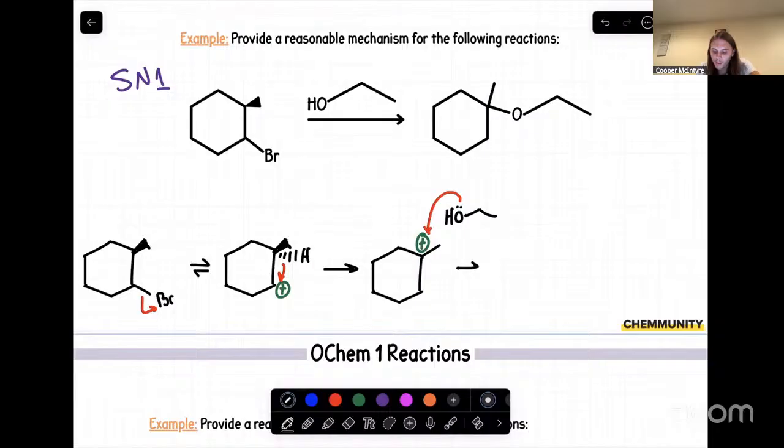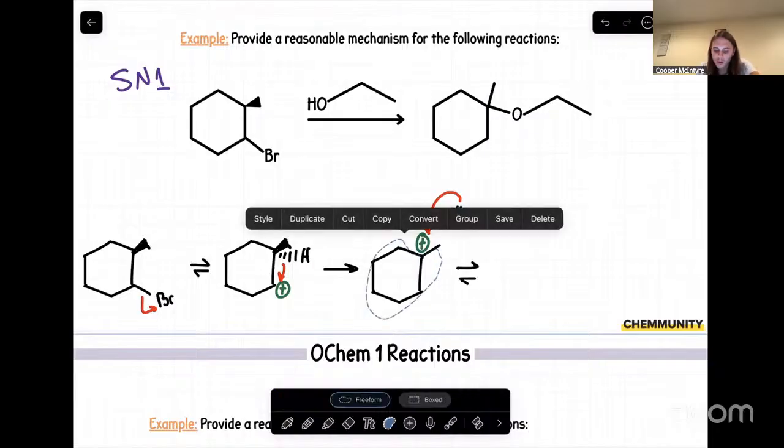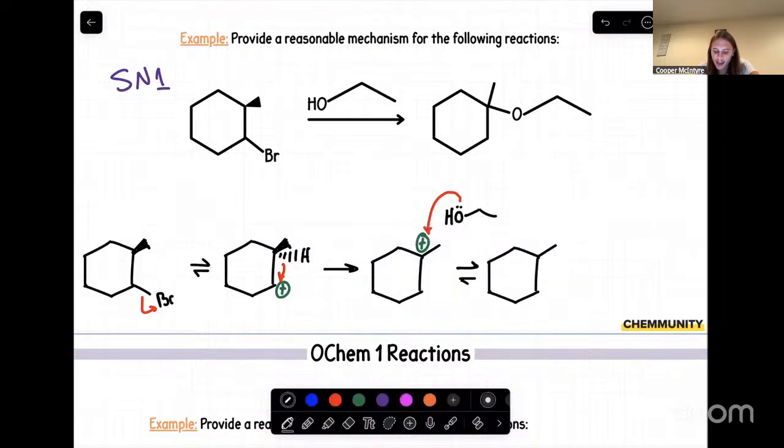From there, we'll go ahead and include those equilibrium arrows. So as that oxygen attacks that carbocation, we now form a new carbon-oxygen bond, just like that. And in terms of this, our oxygen is attacking that carbocation, but we're not getting rid of the hydrogen just quite yet.